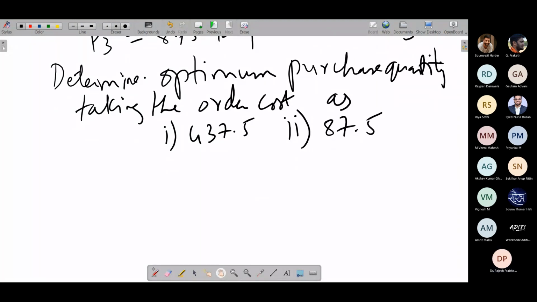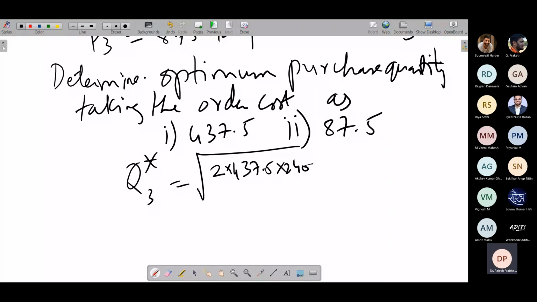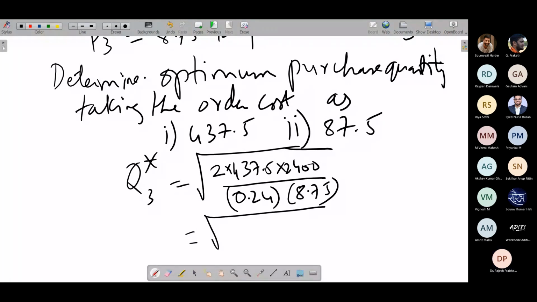Now let us calculate Q3 star as root of 2 into 437.5 into 2400 divided by 0.24 into 8.75. 2 into 437.5 is 875, 875 into 2400 is 21 lakh.